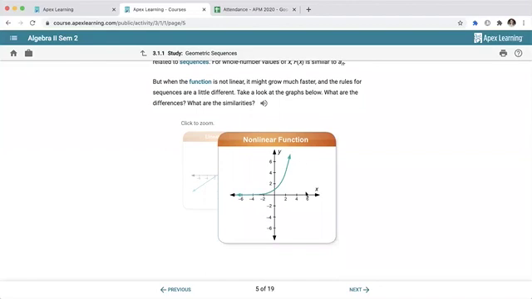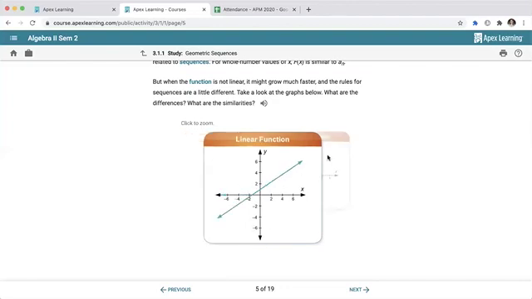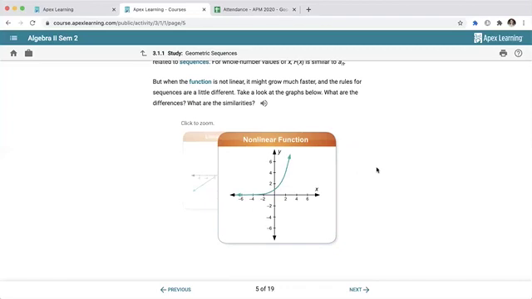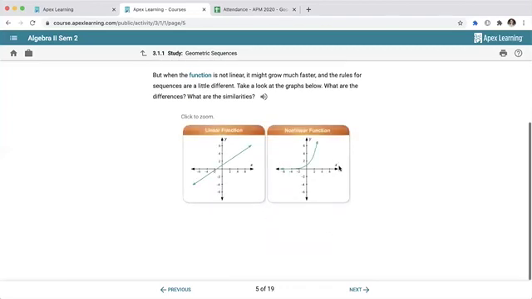This is one of those standard nonlinear functions that we looked at, and you can see it grows much, much faster than this linear function, depending on where we're looking in the graph. At the point 2, 2, it looks close enough that these are going to be similar values.